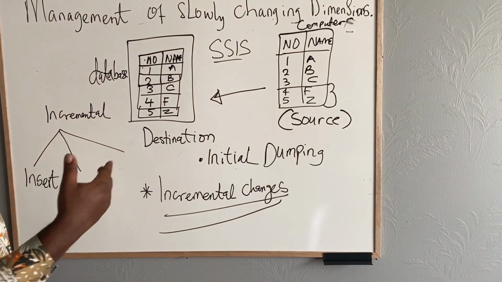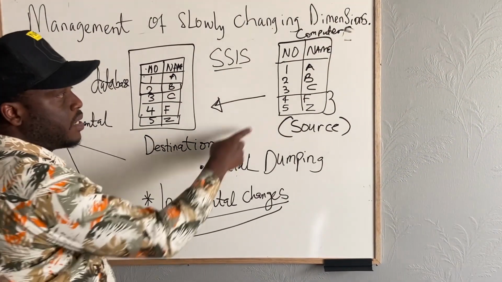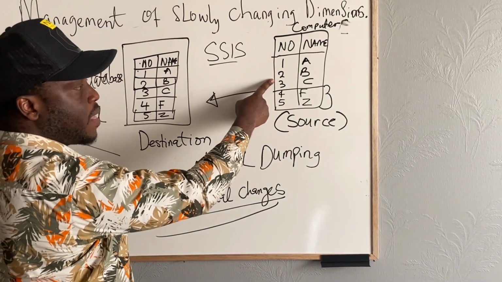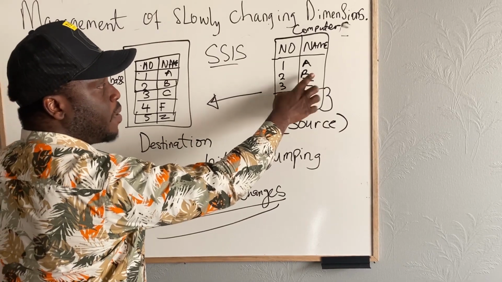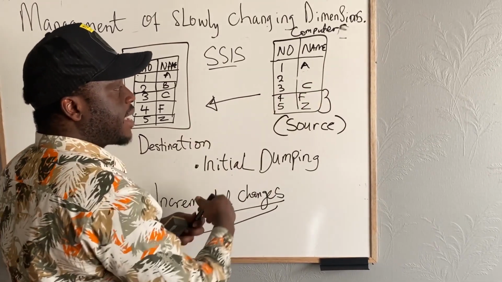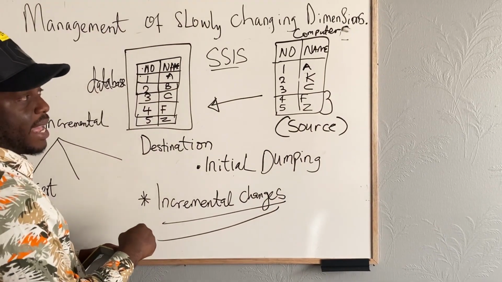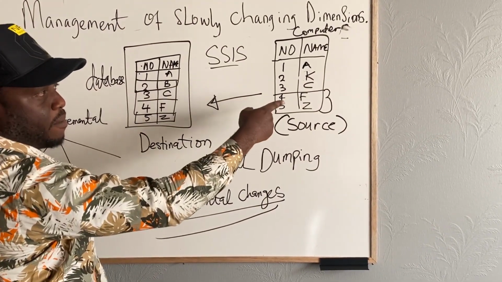Then after a few days, this customer with this number comes in and confirms, oh, I have changed my name. My name is no more B, but my name is now K. So you find out that this customer has modified his information.